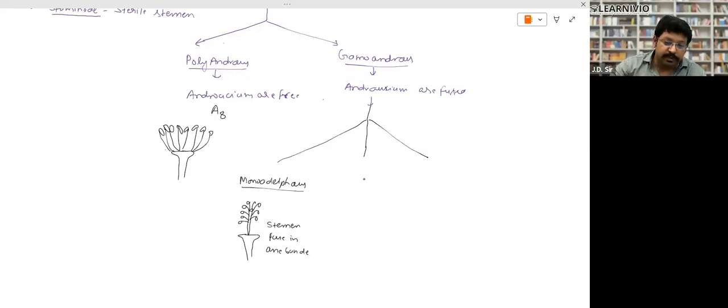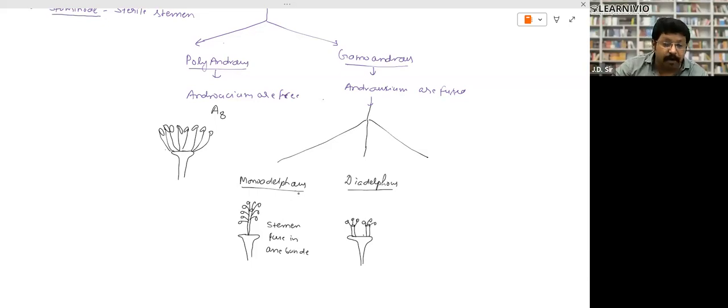Now the diadelphous condition. In the diadelphous condition, what will happen? Stamens will get fused into two groups. Suppose there is one group where all the stamens are fused, and another group where all the stamens are fused.